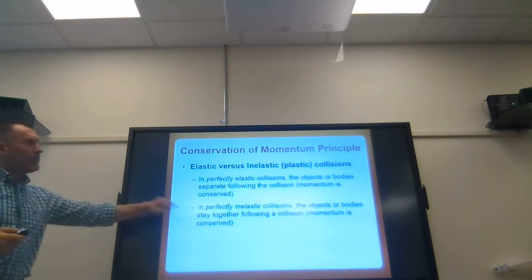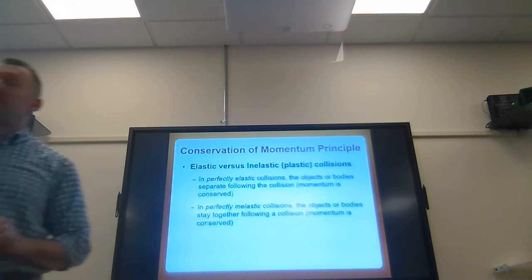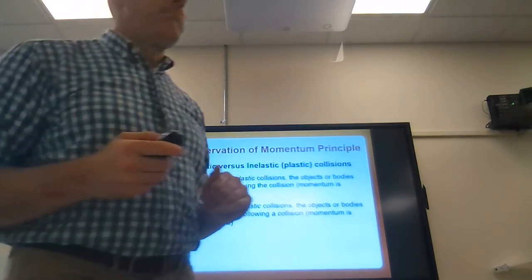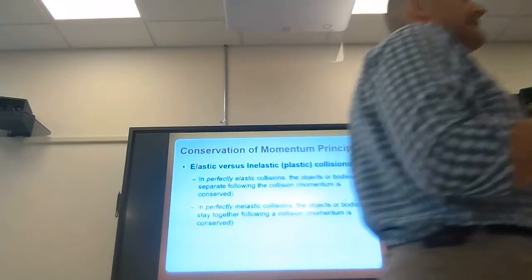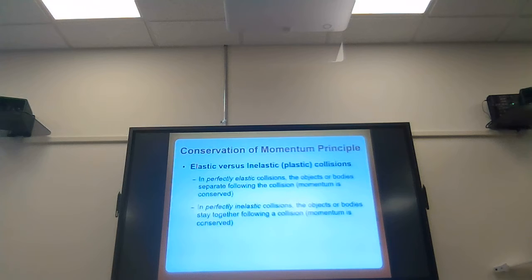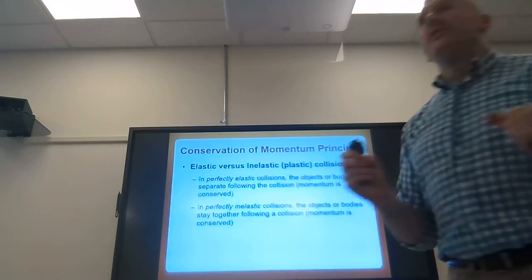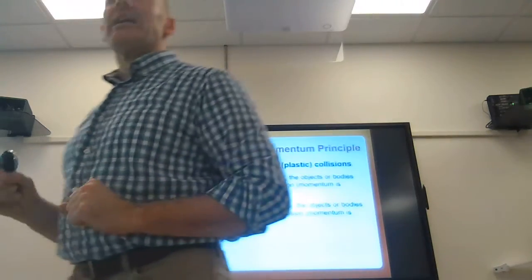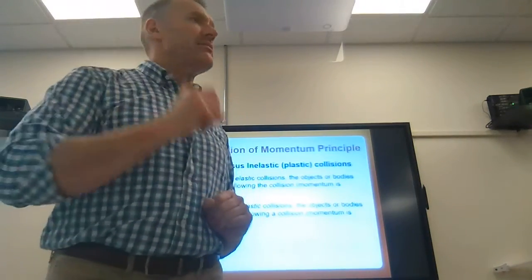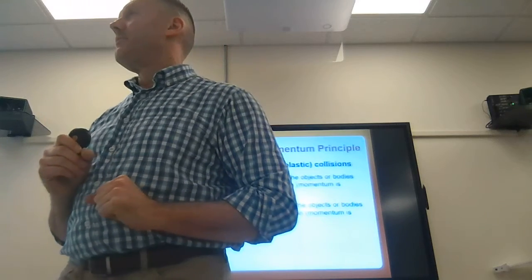On the other hand, we have perfectly inelastic collisions. Inelastic collisions, the objects or bodies stay together following the collision. So there's a 100% loss of momentum following the collision.